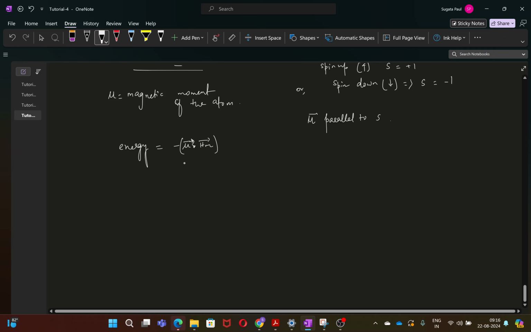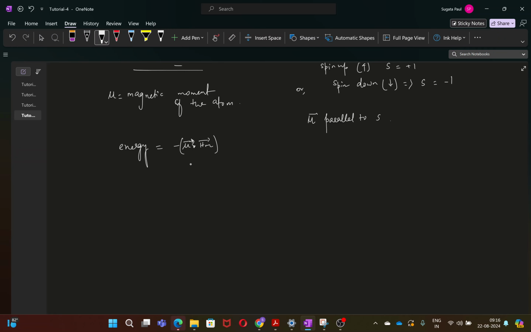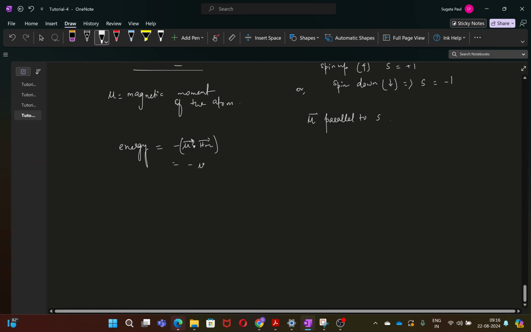So this is basically the energy expression. Now, depending on how this moment is aligned with respect to the field direction, the angle between both of them will be decided, and you have to calculate minus mu Hm cos theta, where theta is the angle between mu and Hm, as the energy.